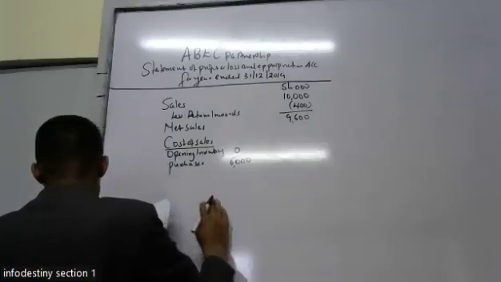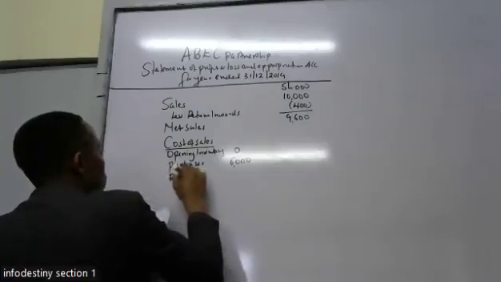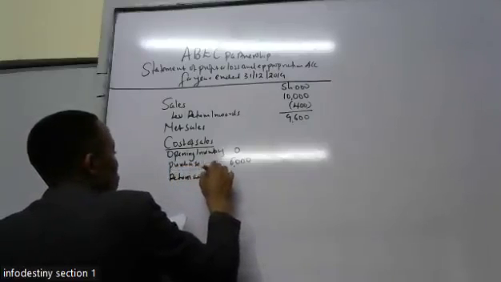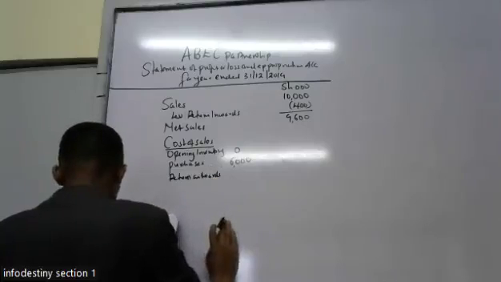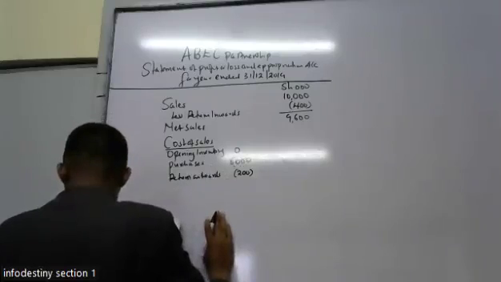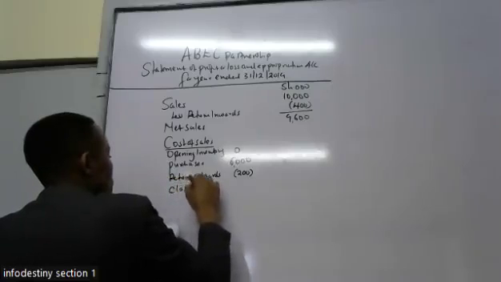We less return outwards. Return outwards reduce purchases. Return outwards of 200. Less, and also we less the closing inventory.